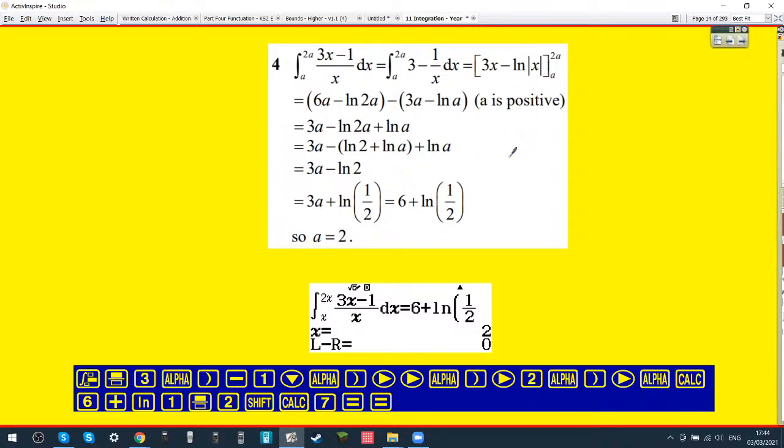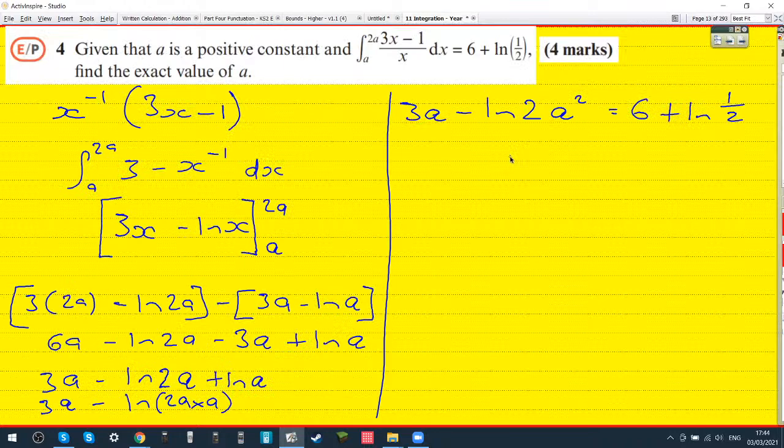They moved it to the... It should still work. 2 ln 2. You can move the power to the front.